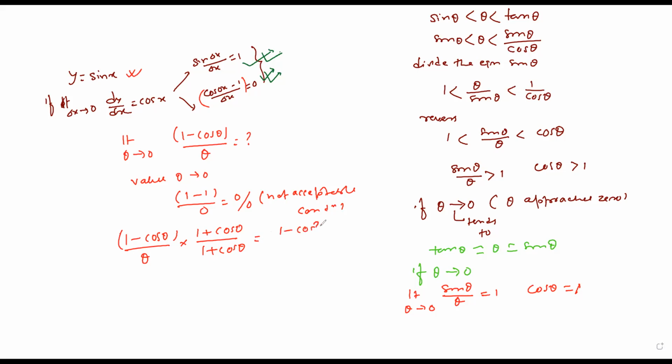So this will be (1 minus cos square theta) by theta (1 plus cos theta). Now this will be sin square theta by theta (1 plus cos theta).